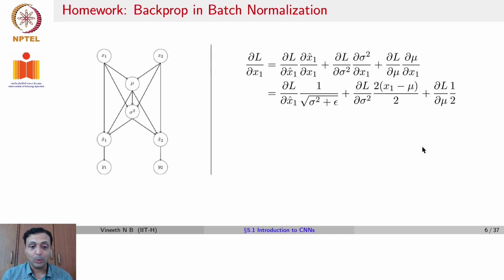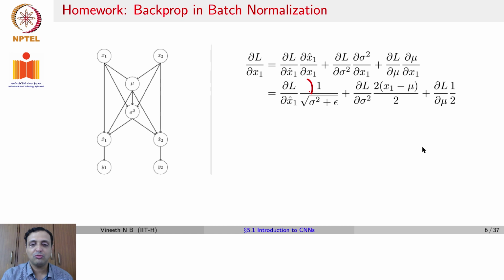Finally, ∂L/∂x1, that's the final gradient that you need to be able to compute to backpropagate to earlier layers. That is going to be ∂L/∂x1hat into ∂x1hat/∂x1, plus ∂L/∂σ² into ∂σ²/∂x1, plus ∂L/∂μ into ∂μ/∂x1.